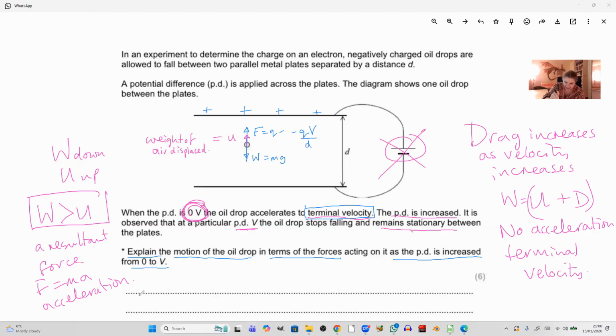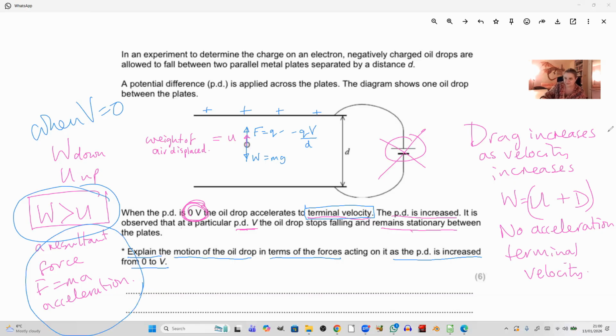You have to explain that when the voltage is 0, there's a net force down. Can you see what you've got to do? Here is a key fact. This is when V equals 0. Then the consequence of that is an acceleration.